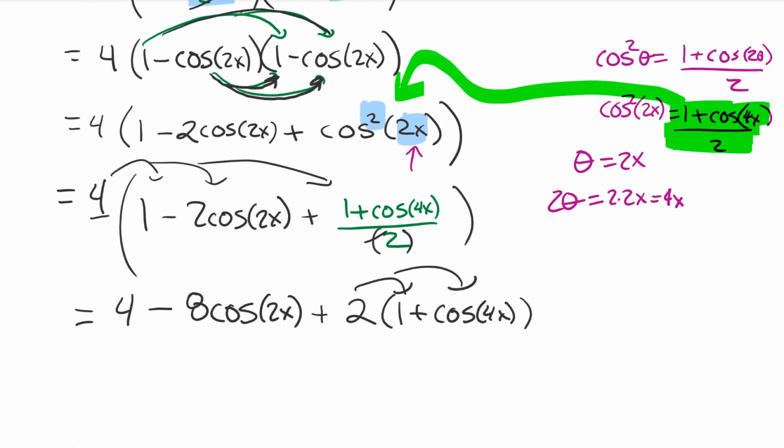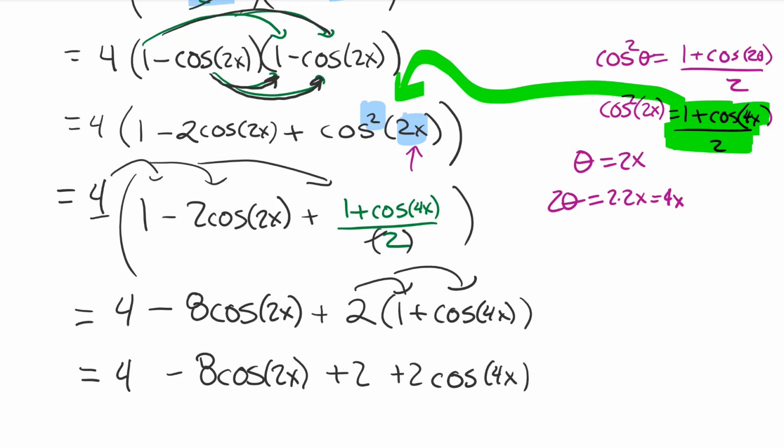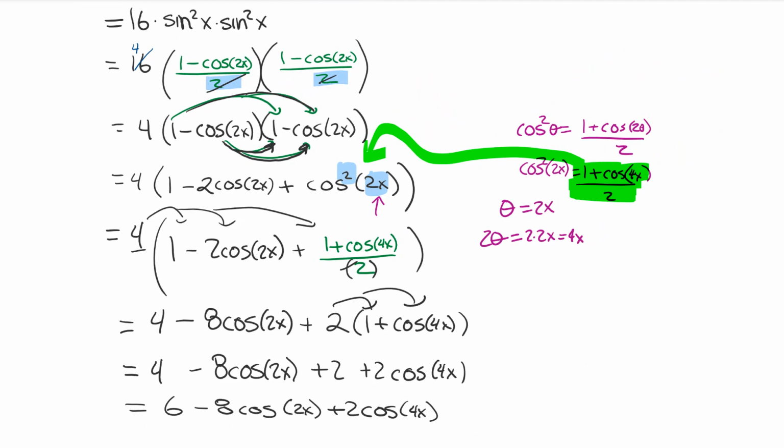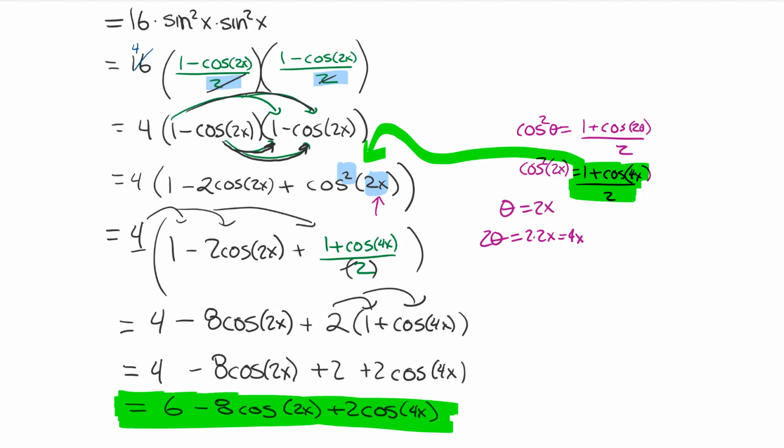Continue cleaning up, putting together the constants: 2 plus 4 is 6. There is a clean answer that's completely simplified with no powers greater than 1. There are no factors, it's all separated out with double angles and quadruple angles.